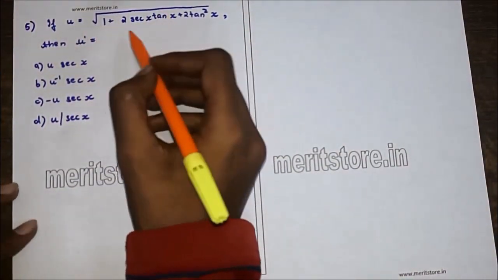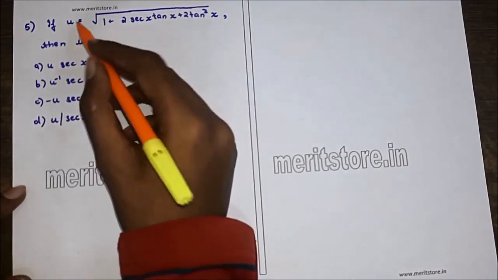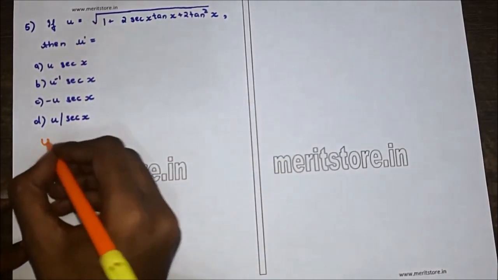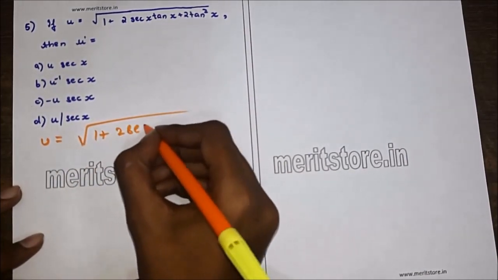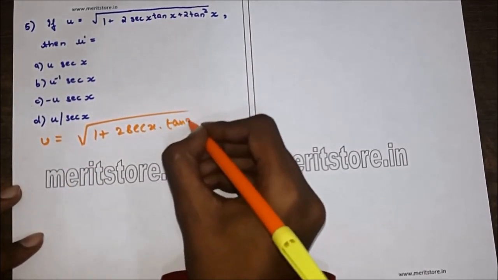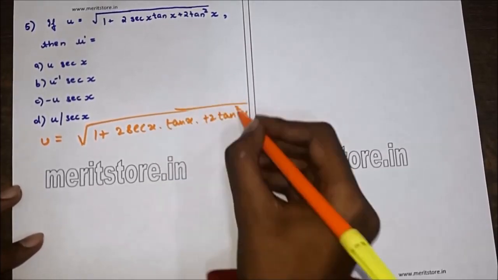If u is root of 1 plus 2 sec x tan x plus 2 tan square x, find u dash, that is differentiation of u. We rewrite the expression of u, 1 plus 2 sec x tan x plus 2 tan square x. Now we split this term.